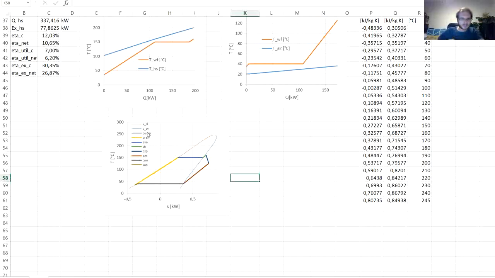Have the legend fitting into the space, and now we can see the whole cycle in the TS diagram, where, well, you cannot really see the pump unless you would zoom in really very closely. Then the preheating, evaporating, superheating, then the expander, the recuperator, condensing, and subcooling.